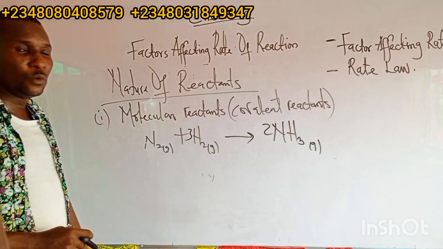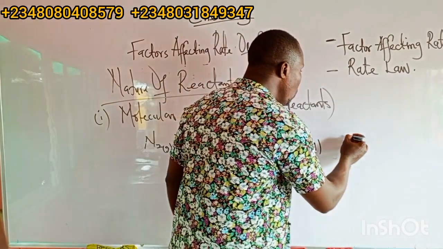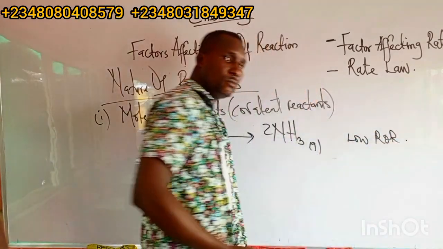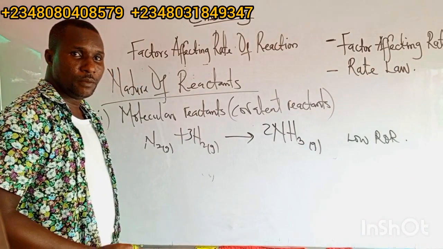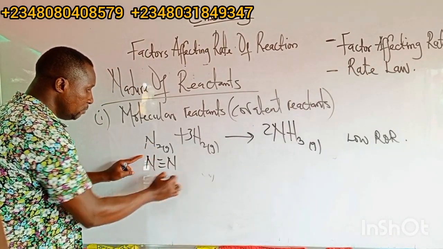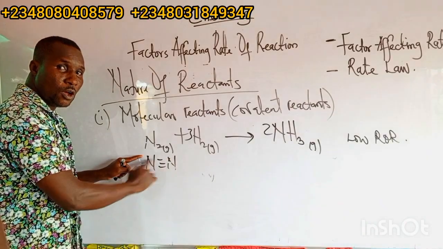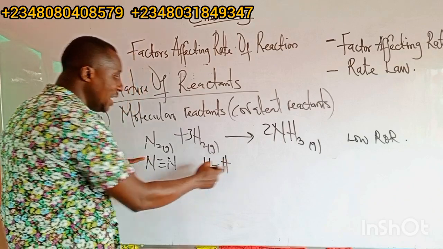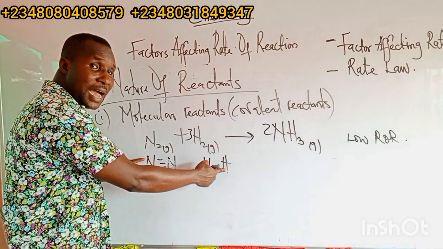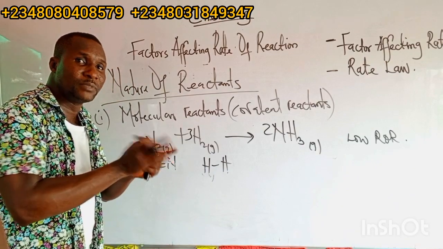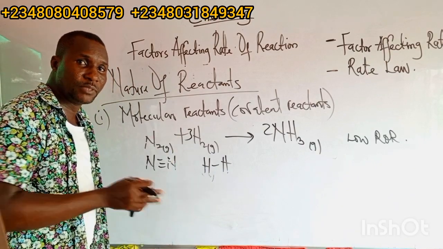This reaction has a very low rate of reaction, because the triple bond between the two atoms of nitrogen gas and the single bond between two atoms of hydrogen gas will take time to break. It is a time-taking process.